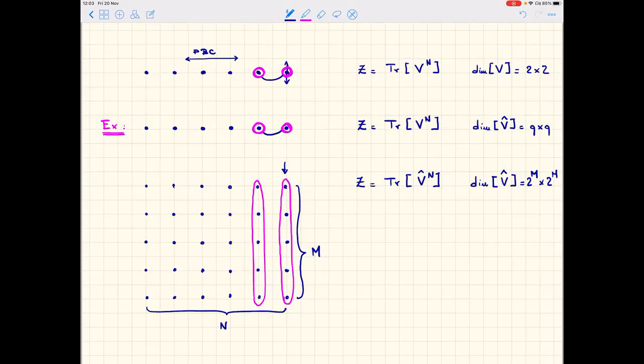Sorry, I have a question. About the dimension, it's 2 to the power of m because you have two possibilities of spin with m points? Yes, exactly. Okay. And do they interact between the columns? Of course, they interact between the columns, and they interact also inside the columns. Yes, absolutely.